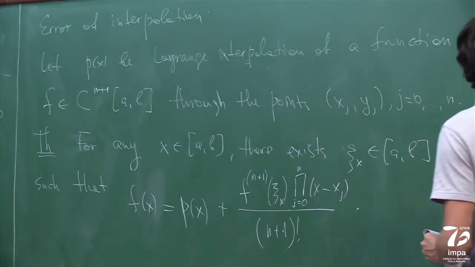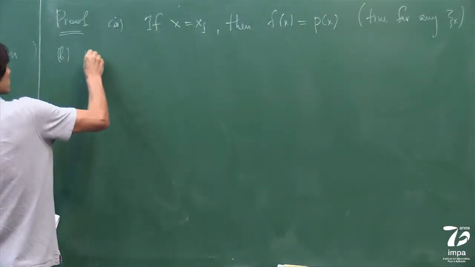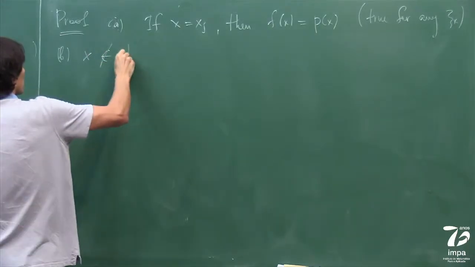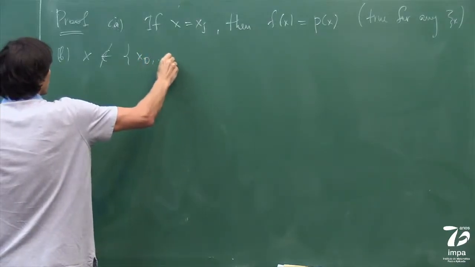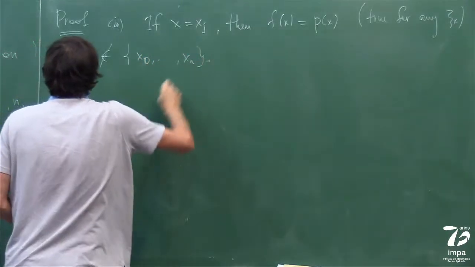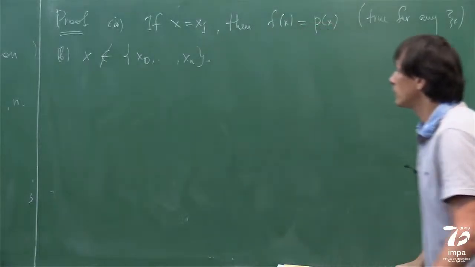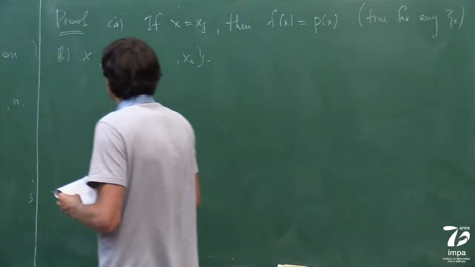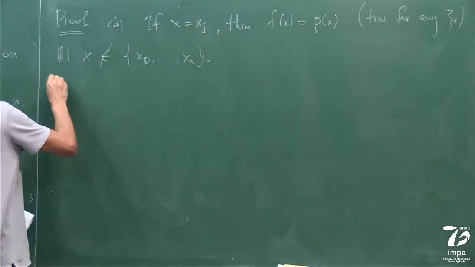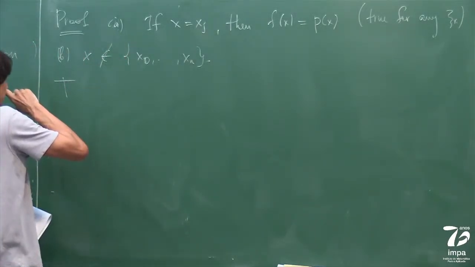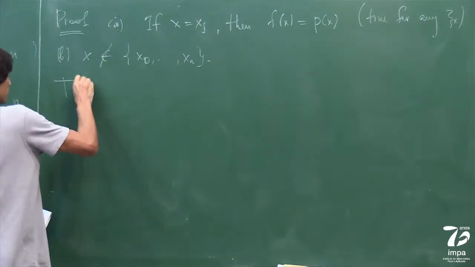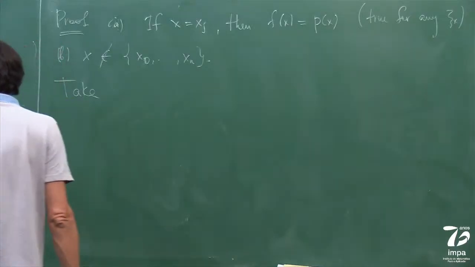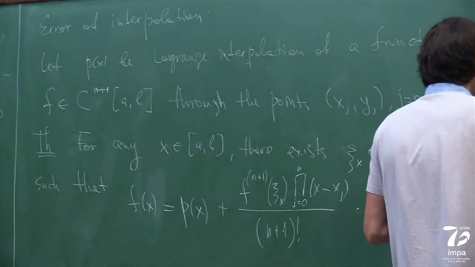So that means that we should consider the case when x is not any of these points. So x is different. And then the construction is as follows. We construct a function which will help us to find this psi.